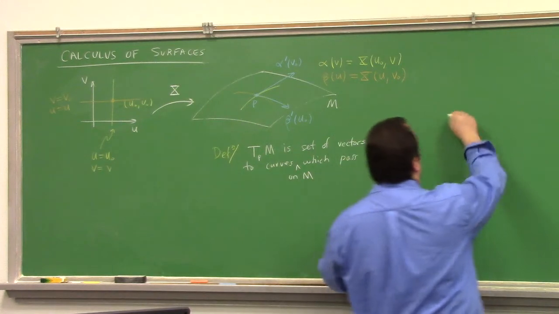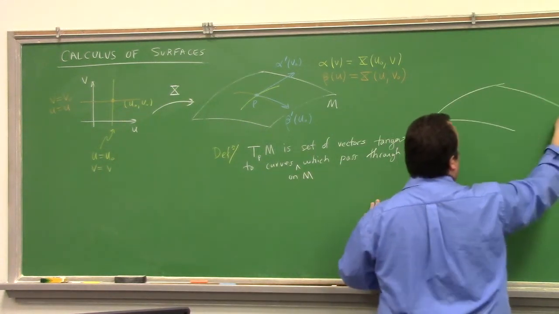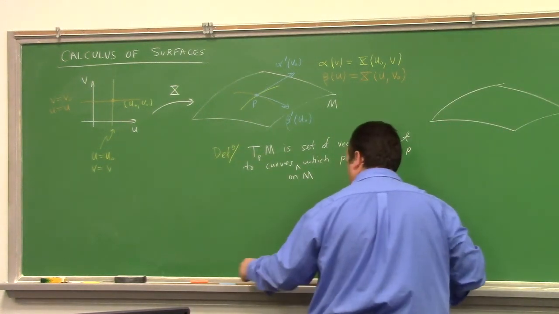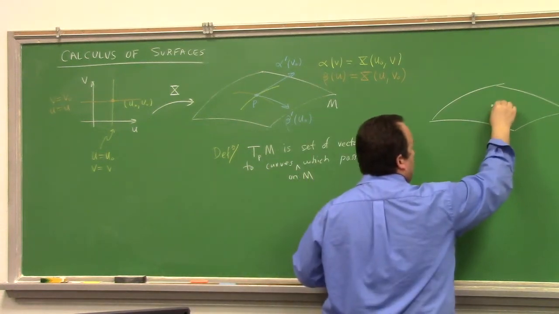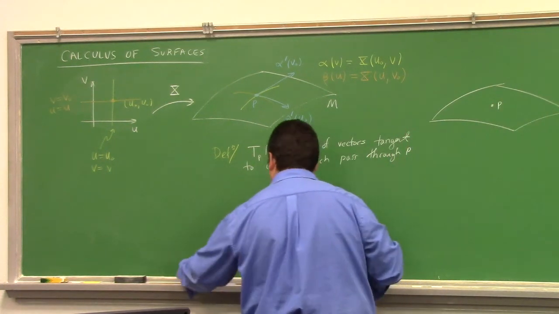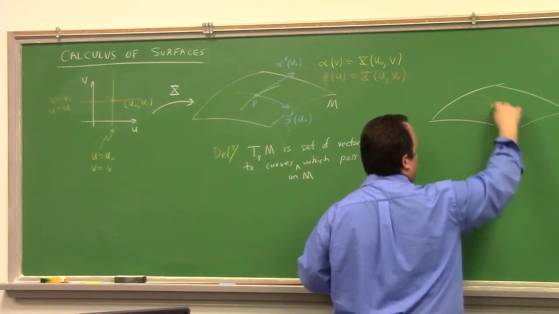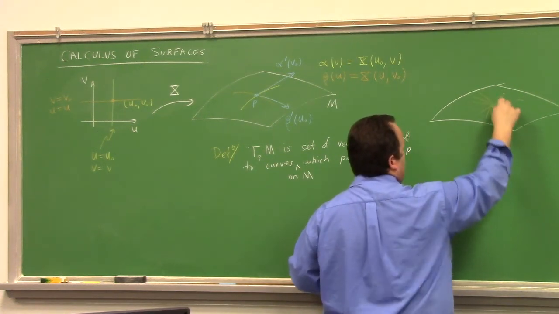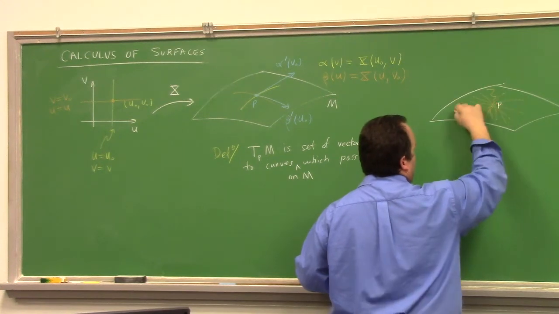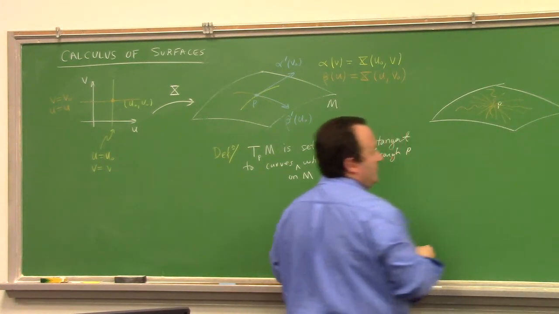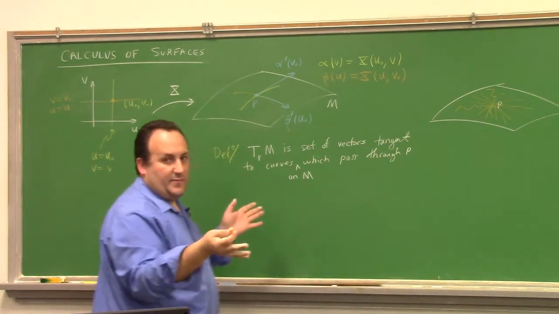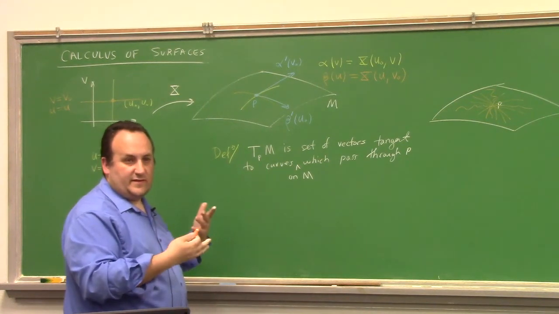So if this is the point in question, you can think about how many different curves there are that go through that point. There's no shortage of them, right? And if you start thinking about all the possible tangent vectors, you can see that they form a what?